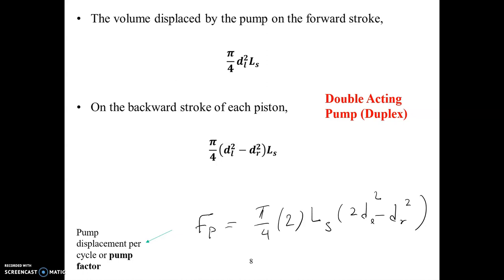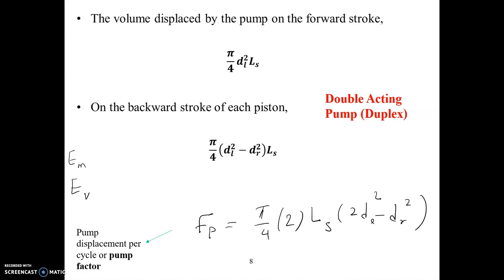The mechanical efficiency is usually assumed to be around 90%, and the volumetric efficiency could be as high as 100% depending on the manufacturing. We show the mechanical efficiency with EM and the volumetric efficiency with EV.